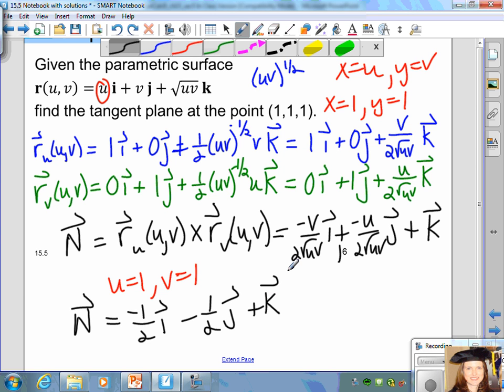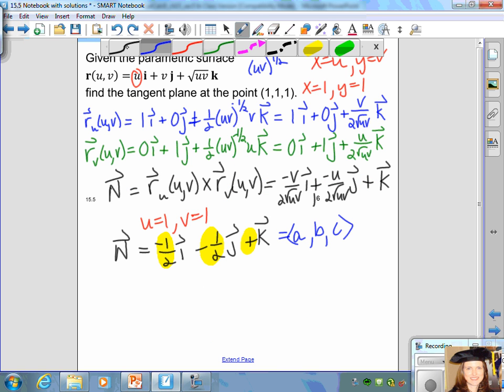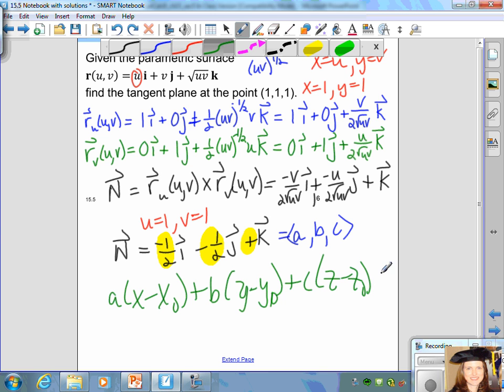So we're going to use the components of your normal vector as your a, b, c for the equation of the plane. Again, recall the equation of a plane is found by taking a times x minus x sub 0, plus b times y minus y sub 0, plus c times z minus z sub 0 equals 0.